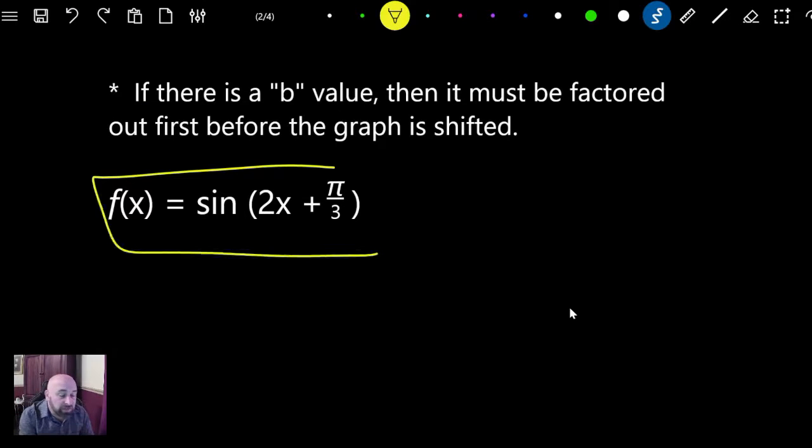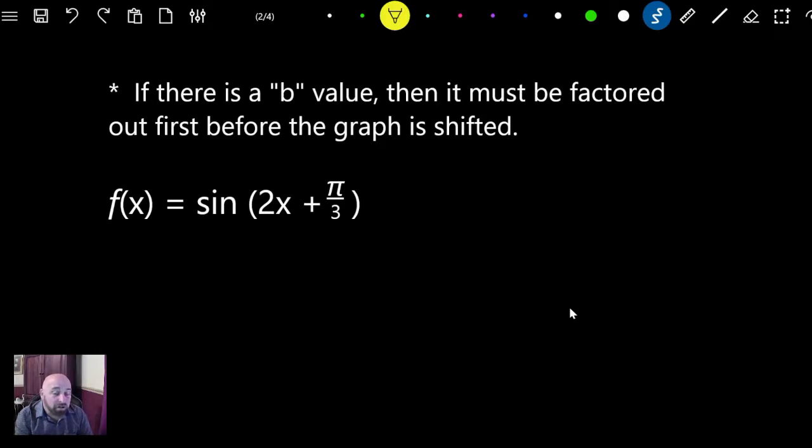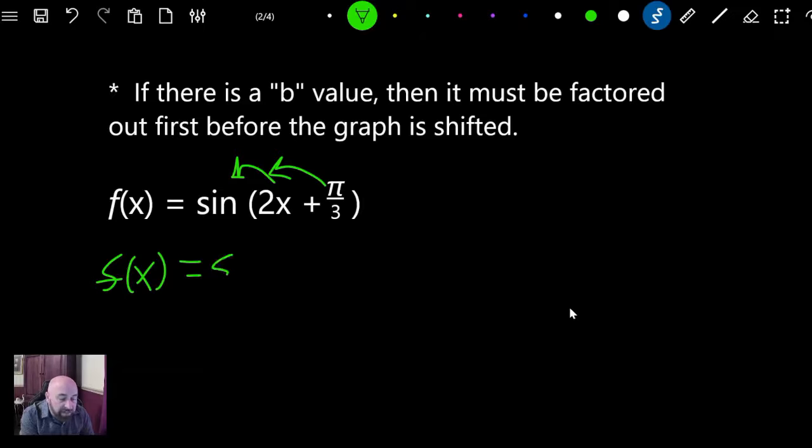So let's take a look at this right here. This f(x) equals sine (2x plus pi over 3). What we need to do is we need to factor the 2 out of this. Okay? So when we do that, we get f(x) equals the sine 2 times (x plus what?)